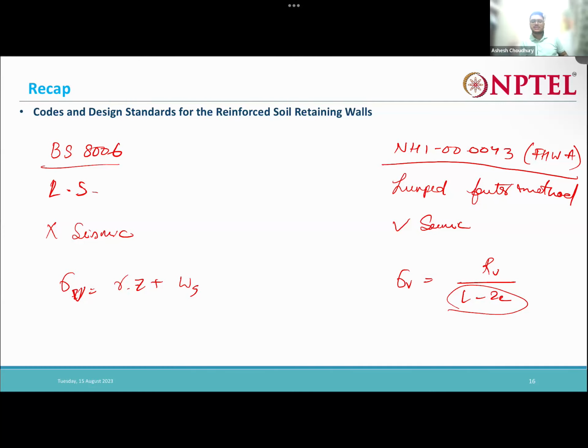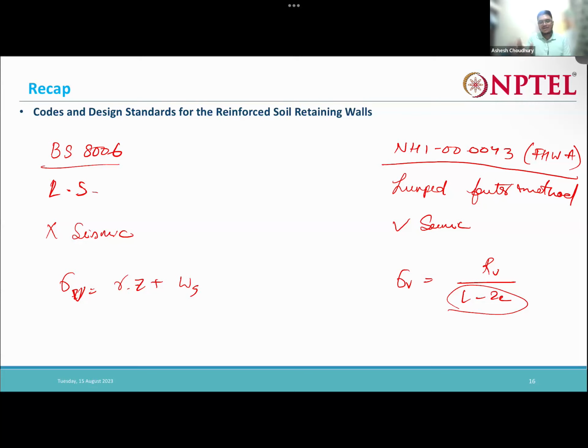So I think BS 8006 and IRC SP 102 are quite similar. I am not sure, so please check once, compare once. Mostly these Indian codes are taken from British codes.